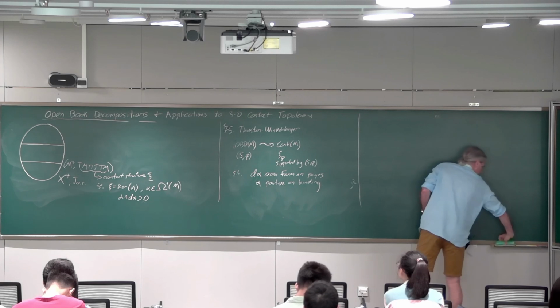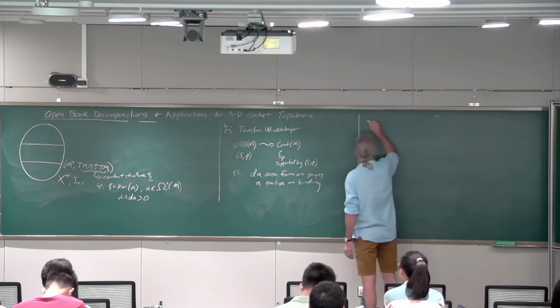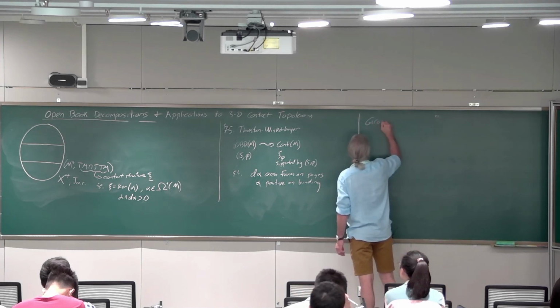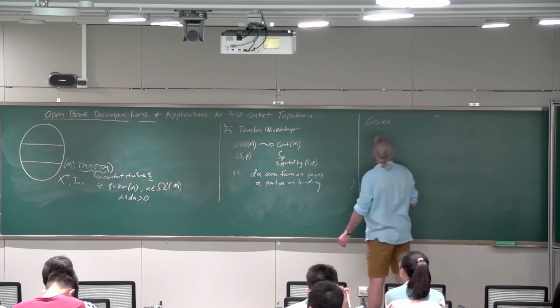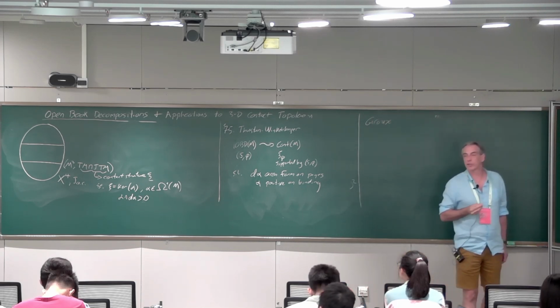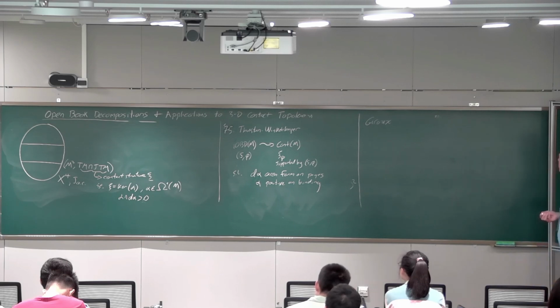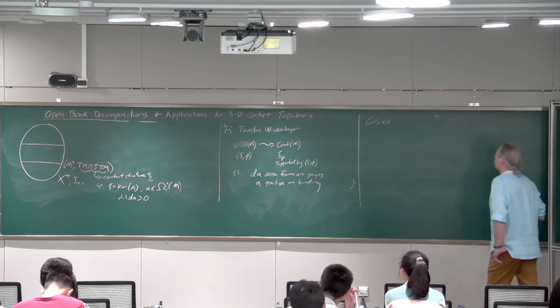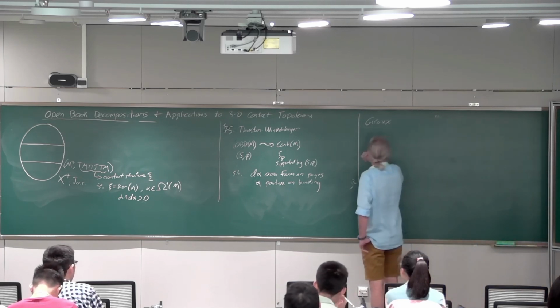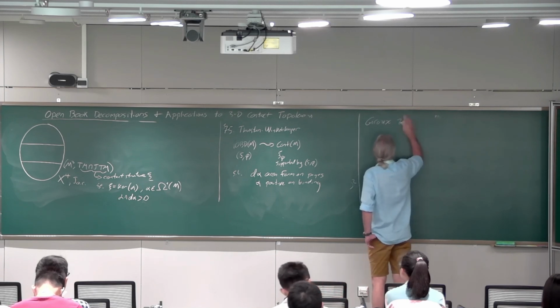It turns out much, much more is true, and Giroux formalized all of this somewhat famously in a speech here in Beijing, actually, in 2002, in the ICM of that year. So let's say 02.